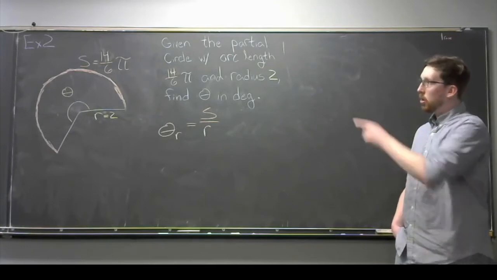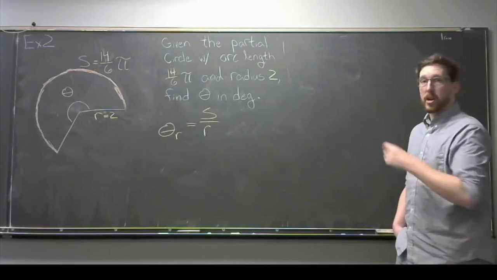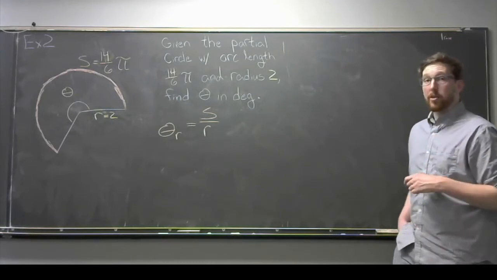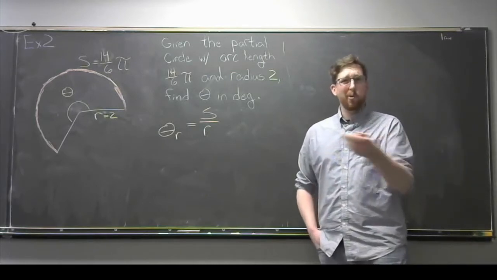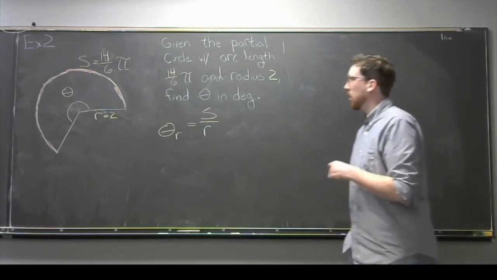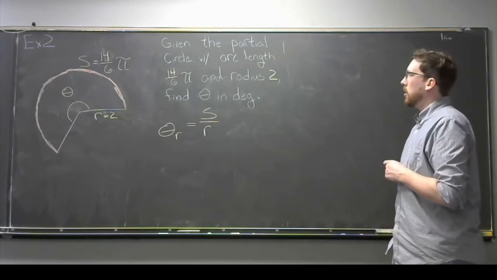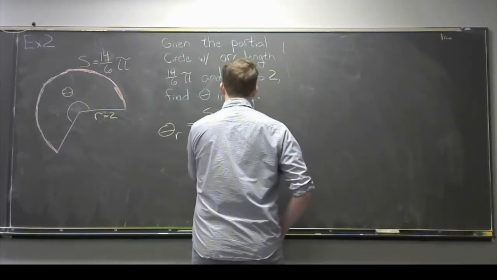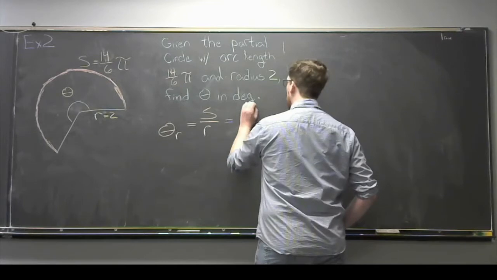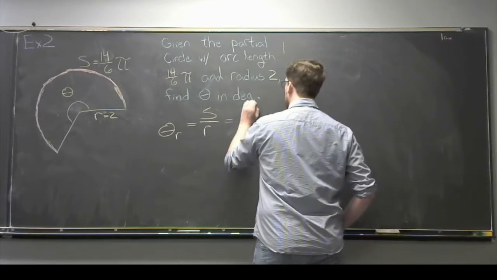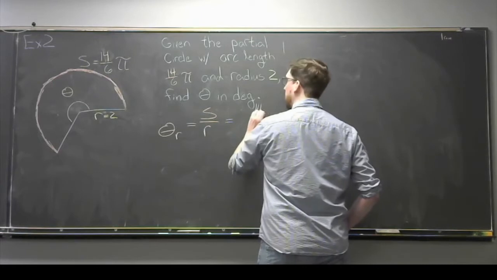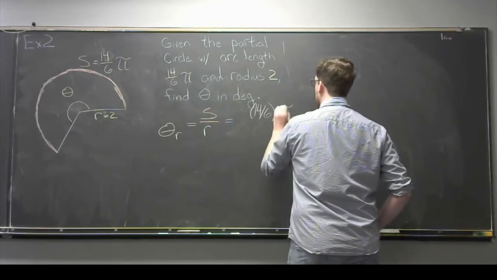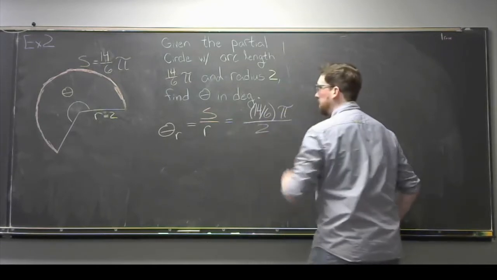Well, we know the arc length and we know the radius, so we can find the angle in radians. And from there, we can find it in degrees. So let's do that. Plugging everything in, we've got 14 over 6 times pi, divided by 2.